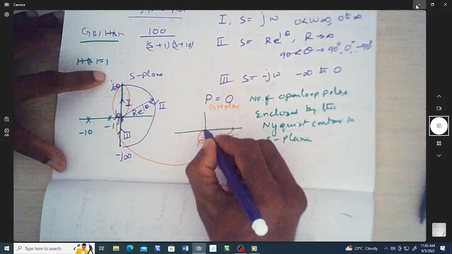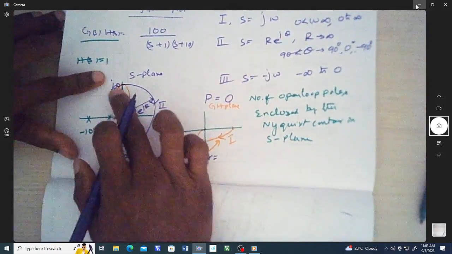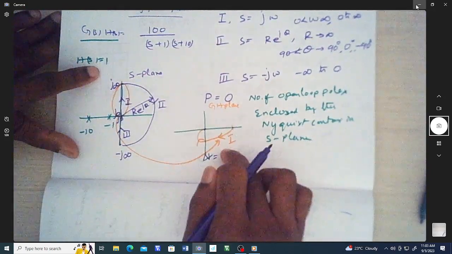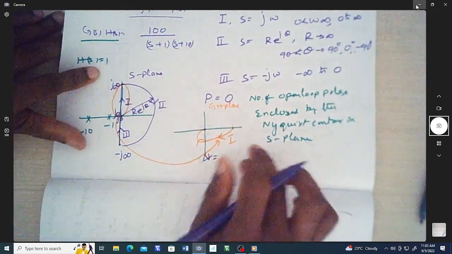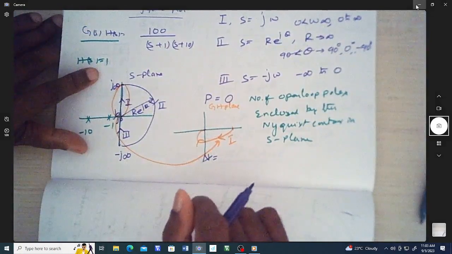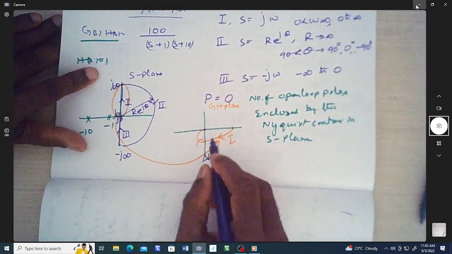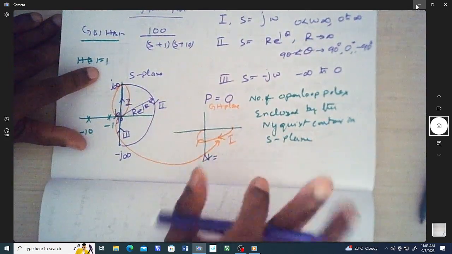So what we are doing is mapping each and every point of the Nyquist contour in the S plane to the GH plane to find the value of n, where n is nothing but the number of encirclements of minus 1 plus j0 point in the GH plane. So that's what n is.